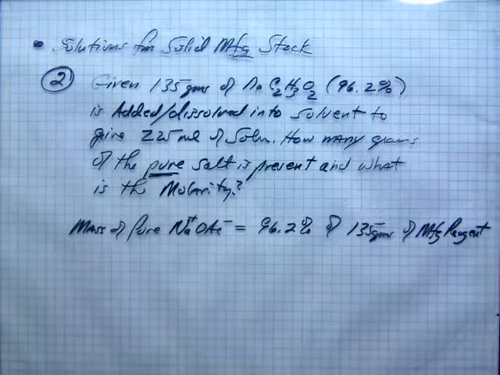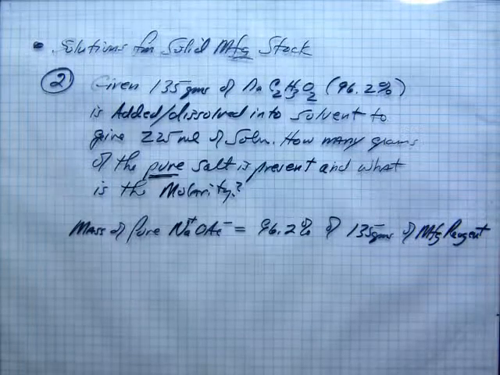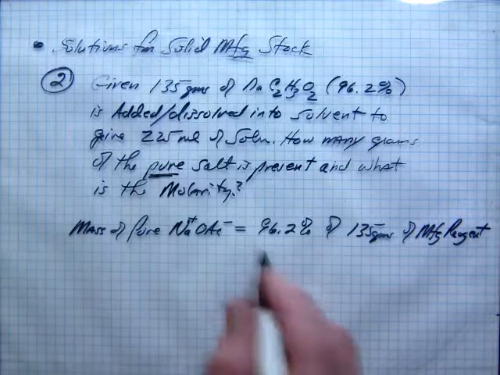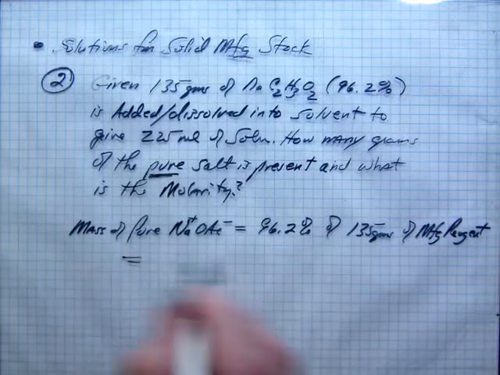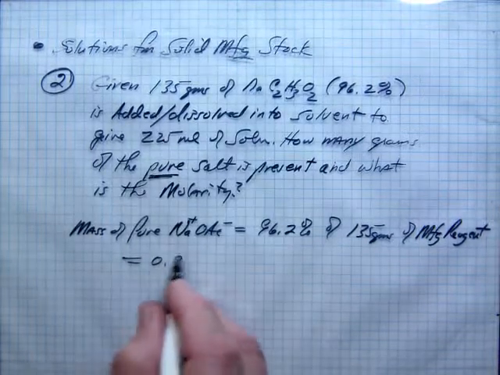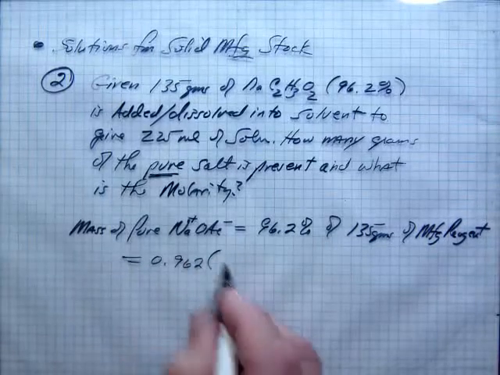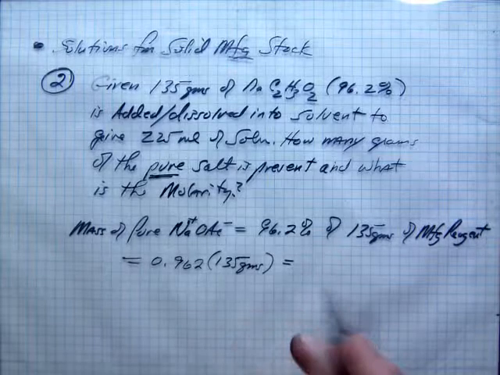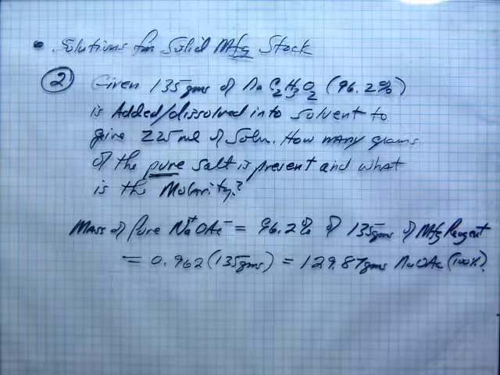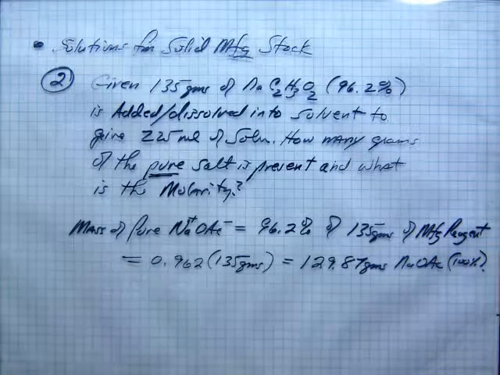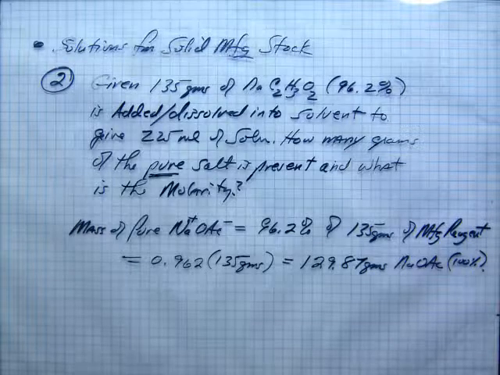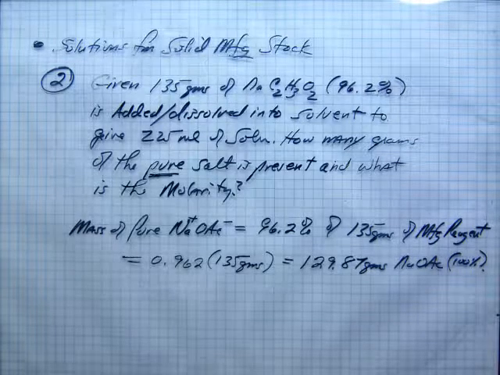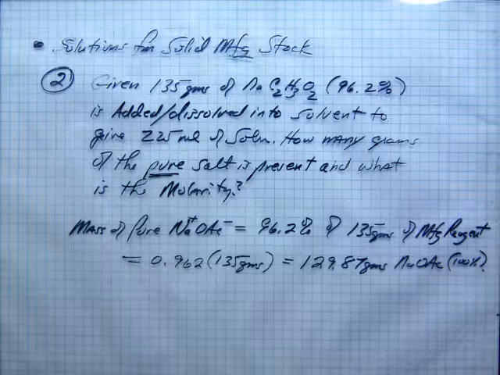Okay. So that's going to be equal to 0.962 times 135 grams. Okay, I get 129.87 grams of NaOAc, 100% if it hadn't been a impure sample.